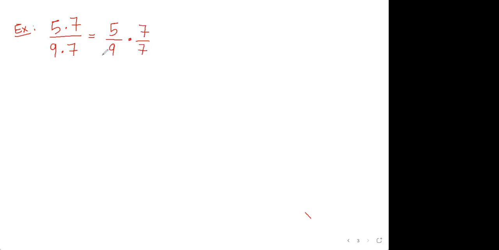So 7 over 7 is actually 1. 5 over 9 times 1 gives me 5 over 9. Did I answer your question? Okay.